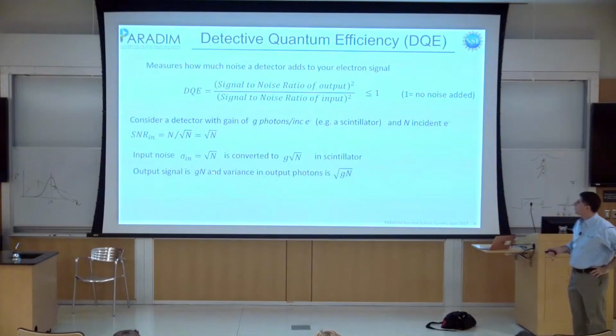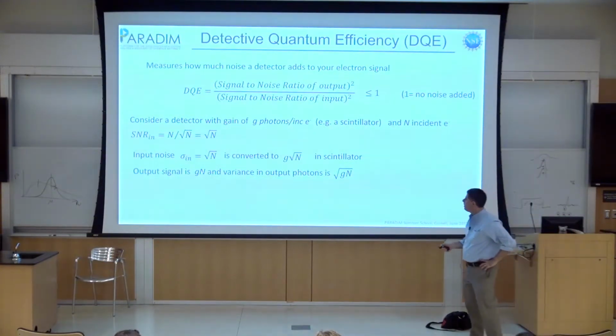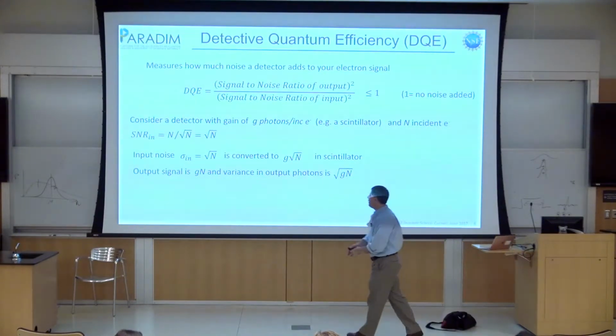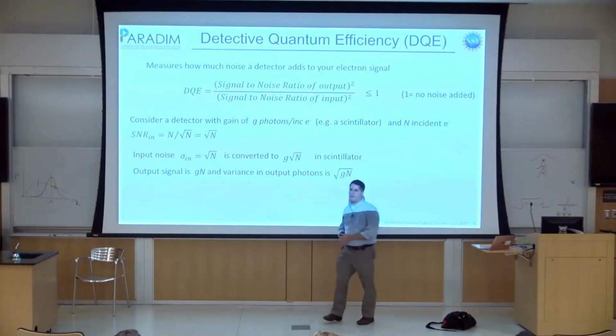The output signal is g times n. And then the variance in the output, that's the number of photons coming out, is gn photons. The noise in the number of photons is the square root of this thing, which is square root of gn, right?